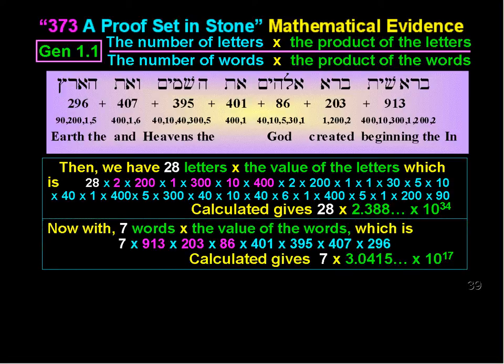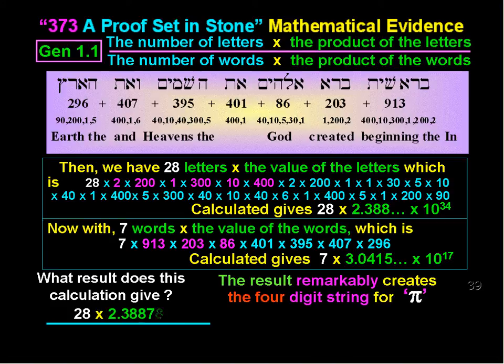Now with 7 words times the value of the words, which is 7 times 913 by 203 by 86, and so on. Calculated gives 7 times 3.0415 times 10 to the power of 17. What result does this calculation give? The result remarkably creates the 4-digit string for pi equals 3.142 in standard form format.